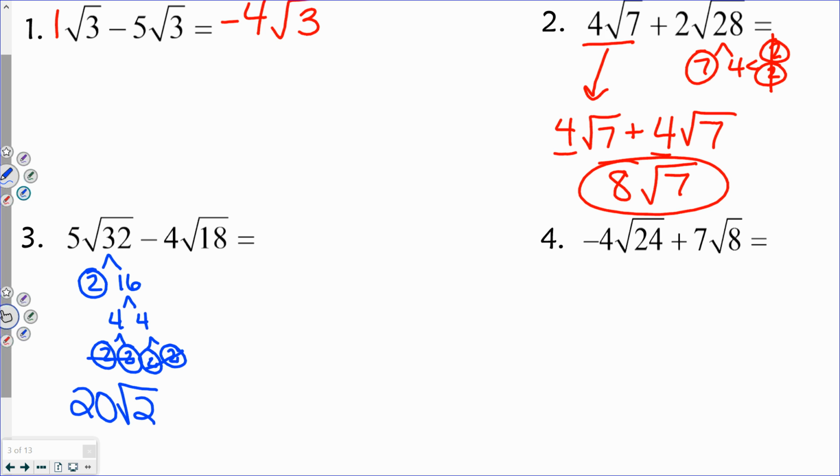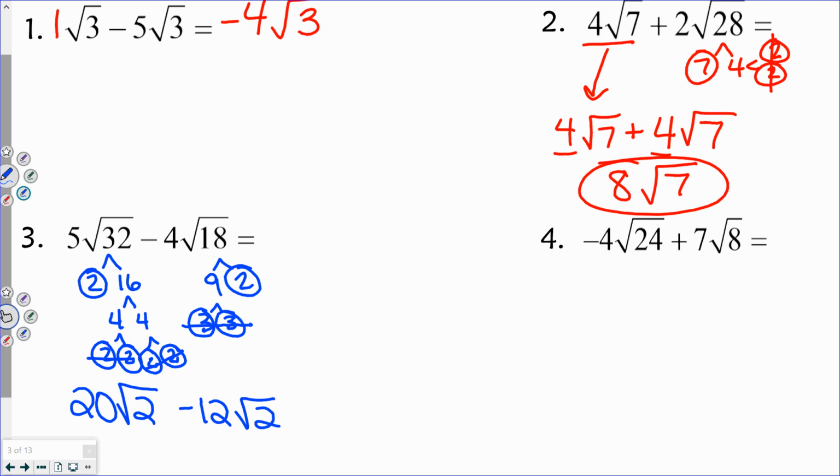All right, and then this part. I was ready to go to the next one. Okay, that's 9 and 2, 3 and 3. So a pair of 3's times the negative 4 that's already there is negative 12. And I have a radical 2.